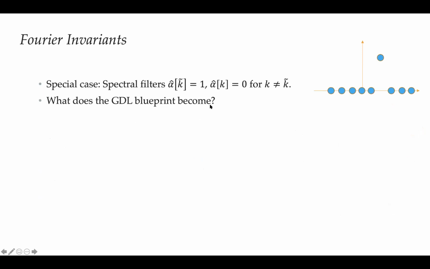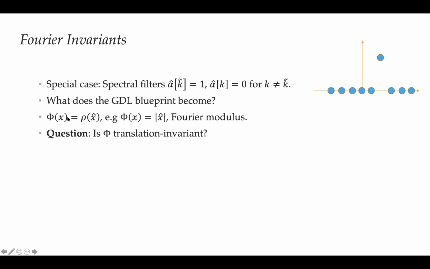So what does the blueprint become if I make this choice of equivariant operators? Every one of these equivariant convolutions is a pure frequency. In that case, you can verify that the blueprint just stops after one step.